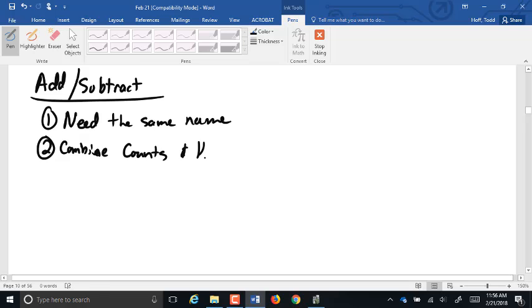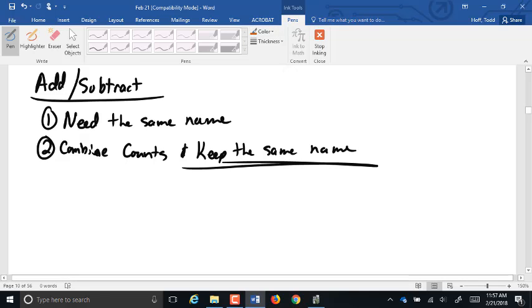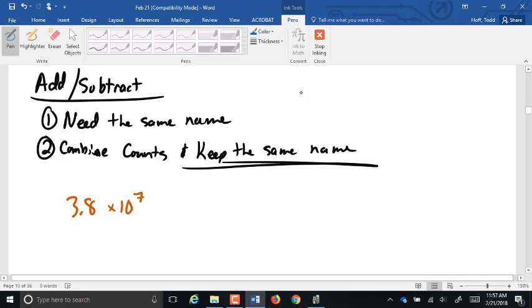And we keep the same name. So those are the important things for adding and subtracting. So if I look at a number in scientific notation, 3.8 times 10 to the 7th. When we were doing our whole numbers, remember we said the name actually was hidden within the number as the place value of each digit.